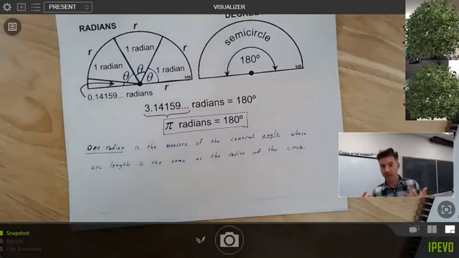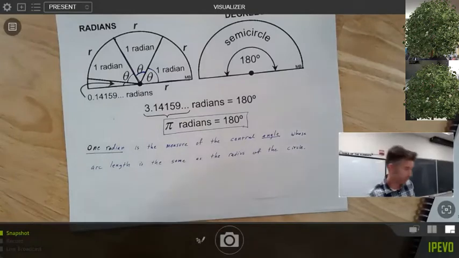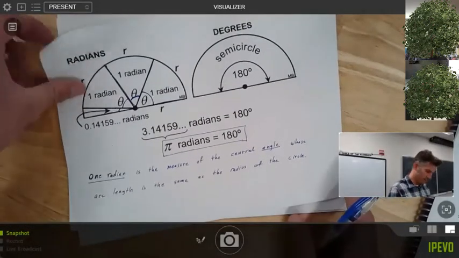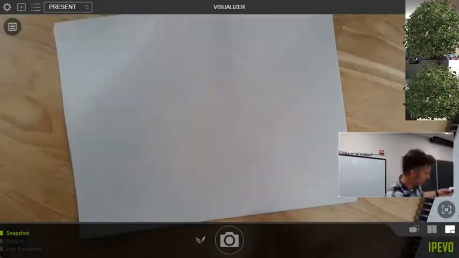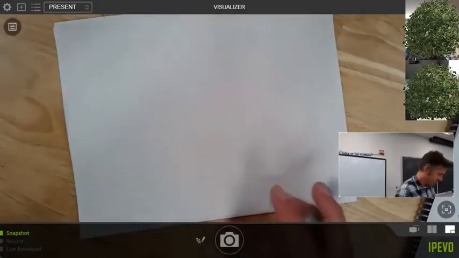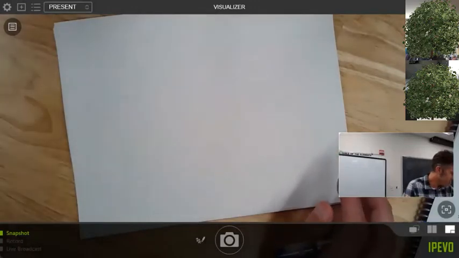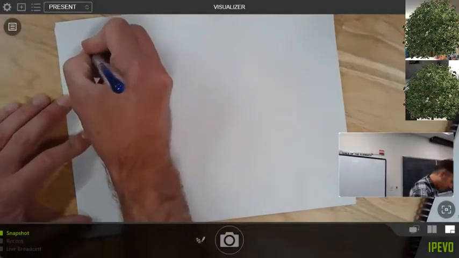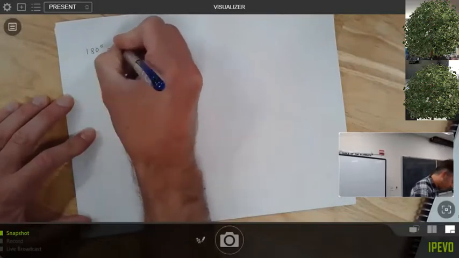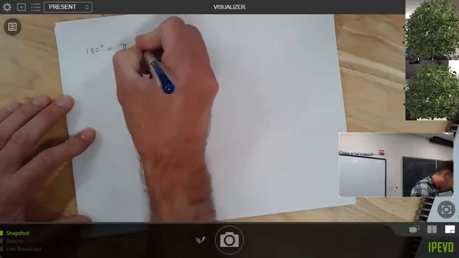I usually think of it as being pretty close to 60 degrees because 60 degrees is a pretty common angle that we deal with. So we have the following. 180 degrees is equal to pi radians.